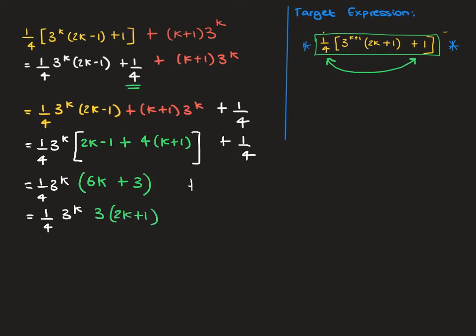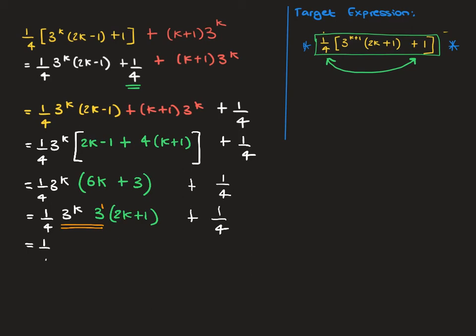Don't forget that we have this quarter, which must continue the whole way down, and then eagle-eyed amongst you will see we are pretty much there, because 3 to the k multiplied by 3 to the power of 1 can be written as 3 to the k plus 1.